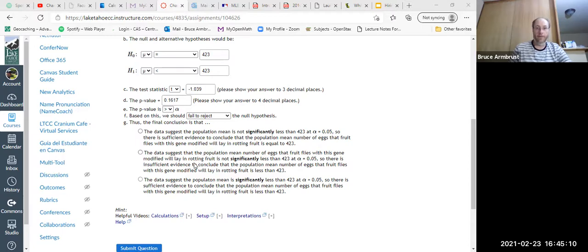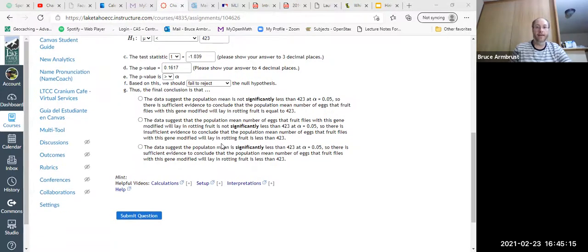Or there's insufficient evidence to conclude that the mean is less? Remember what we want to do. We don't want to say, Kira, you're right. We want to say, Kira, we don't have evidence to show that you're wrong. So which of these statements is that?